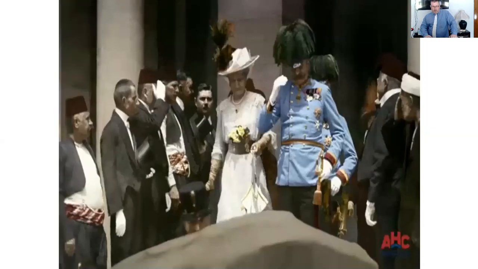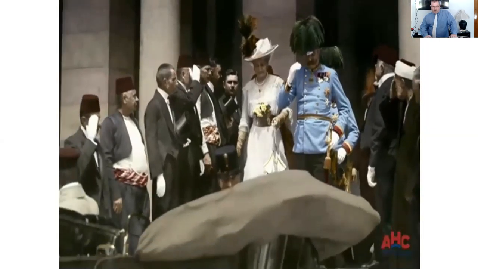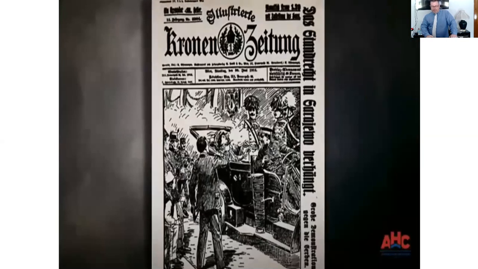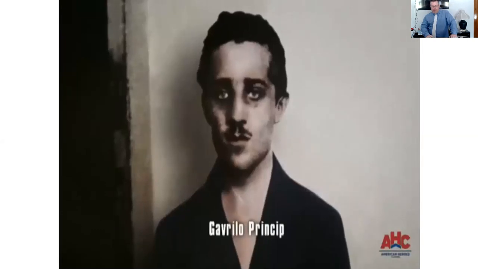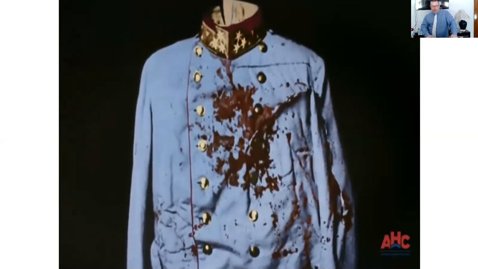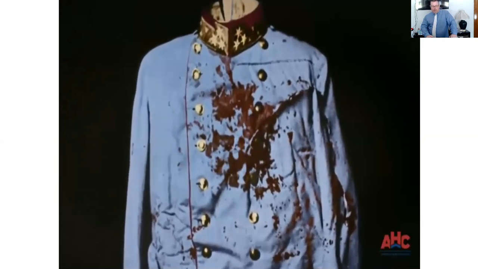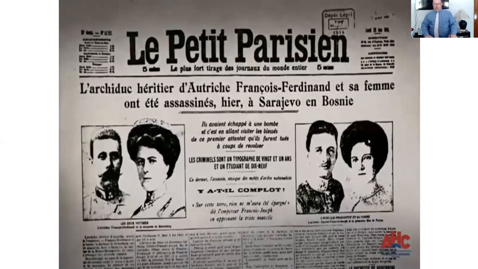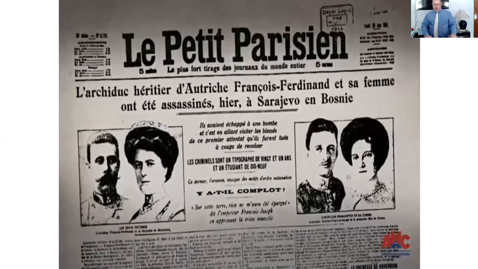These are the last images of the couple. When they leave the building a little later, they are shot dead with a pistol. The assassin, Gavrilo Princip, is a 19-year-old Bosnian nationalist. It was the Serbians who provided his pistol. This assassination in Sarajevo will have unimaginable consequences. Though at first, it is covered as a minor news story.